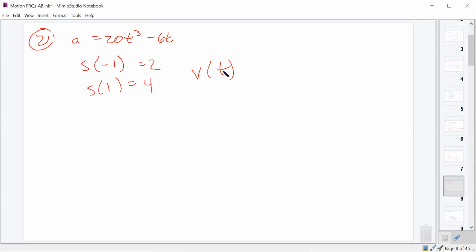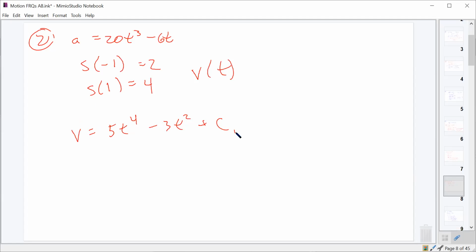So this one's a little bit complicated. It's not too horrible, but first thing we want to do is integrate our acceleration function to get v equals 5t to the 4th minus 3t squared plus some constant. Right? And we're going to call that constant C1 because we're going to end up with another constant in here.